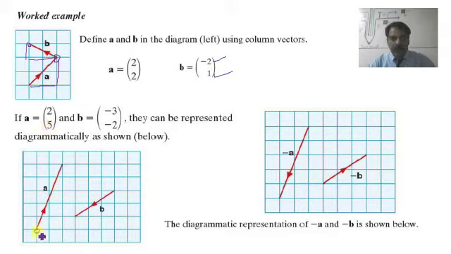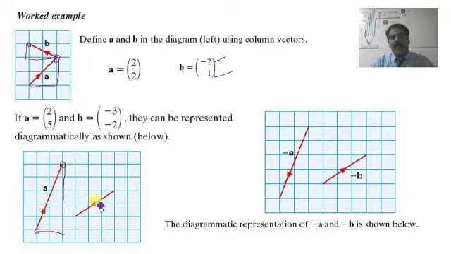So let us start from here, 1 and 2 steps right, and then 1, 2, 3, 4 and 5 steps up. So this is the final position, and then we can join these 2 points, that will derive vector A.